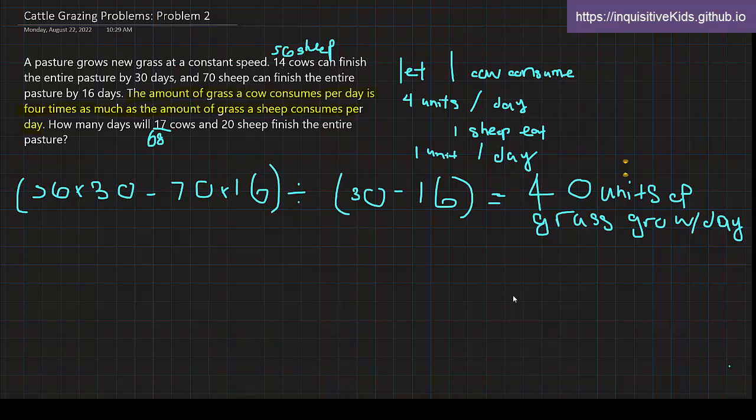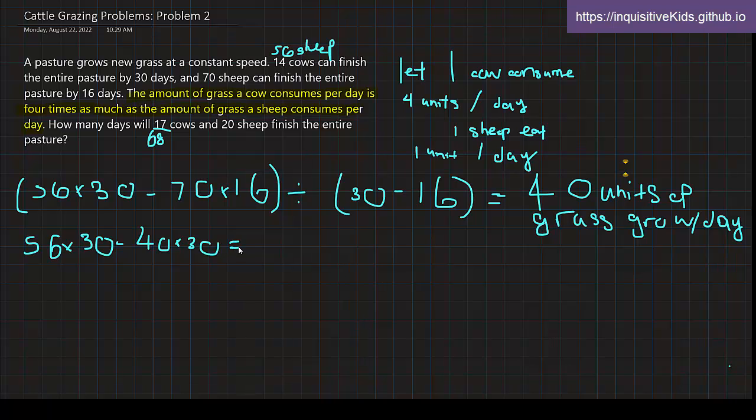We have the second step done. Now we're trying to find the original amount of grass. Well, what we do is we can find which scenario do you want to use this time. I'm still gonna stick with the first one. So the first one, we have 56 times 30, and then we subtract 40 times 30, because 30 is the number of days, 40 units of grass is the number of grass that grow per day, so we're taking away the amount of grass that grew in the entire process to find the original amount of grass.